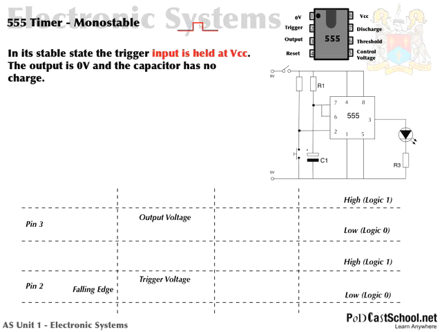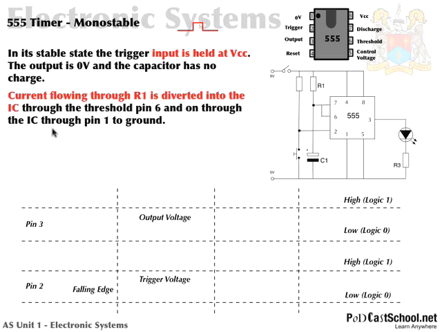And the reason for that is that the current that would flow through R1, or so of course this switch is this little top switch, that's down connected so that there's power to the circuit, so that there would be normally current flowing through R1. Okay, but it's diverted into the threshold pin, pin 6. There's pin 6, there's pin 6.